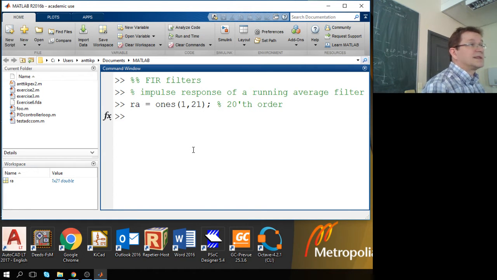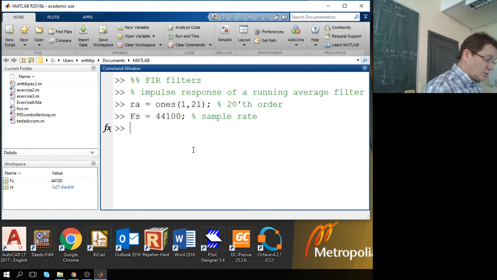So if I think this is the impulse response of the system, which means that then I can actually do the frequency response of this filter. Let me also define the sample rate just for fun.